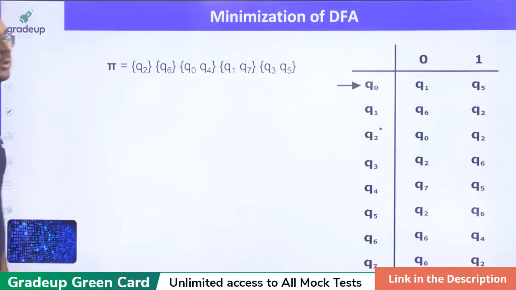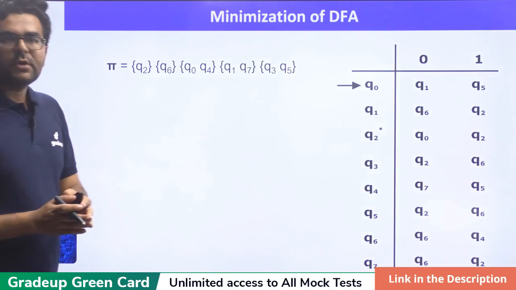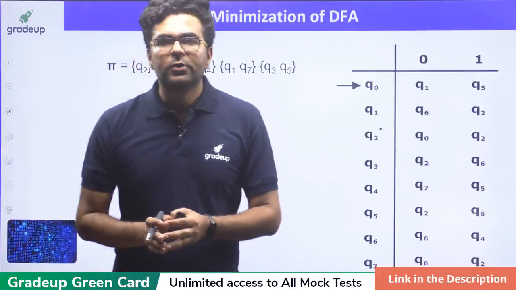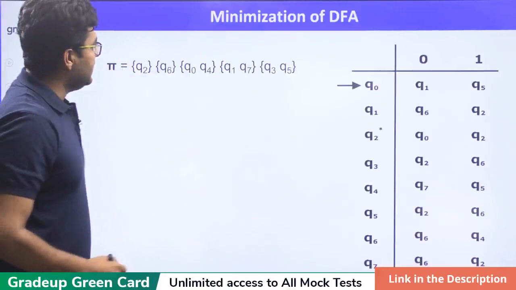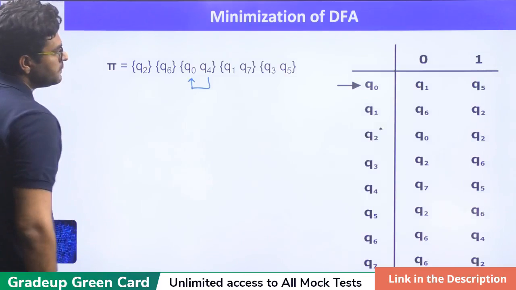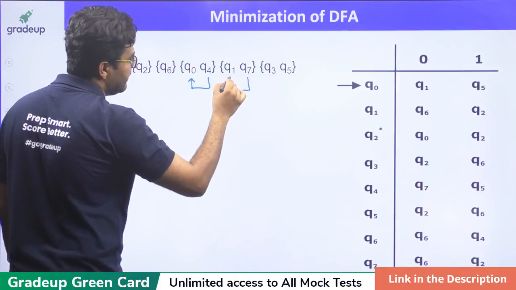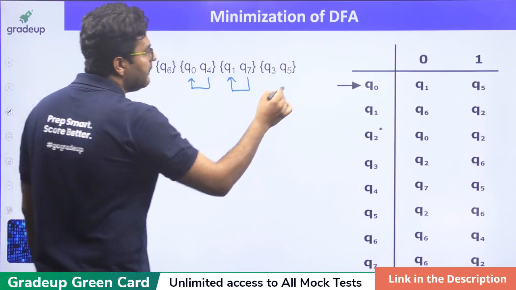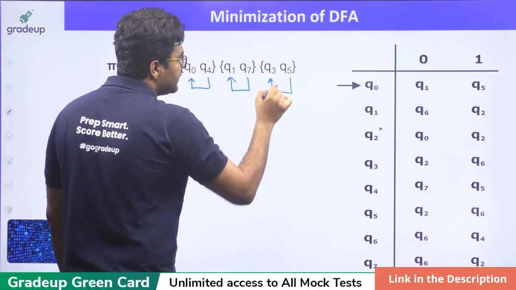So now what can we do from here? We can minimize this automata, guys. We can replace Q4 with Q0, we can replace the state Q7 with Q1, and we can replace Q5 with the Q3 state.